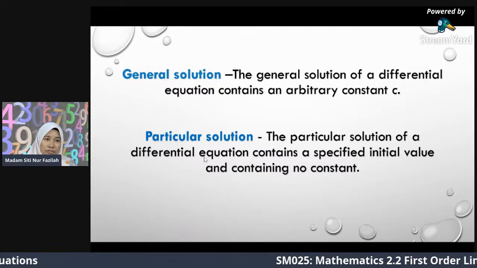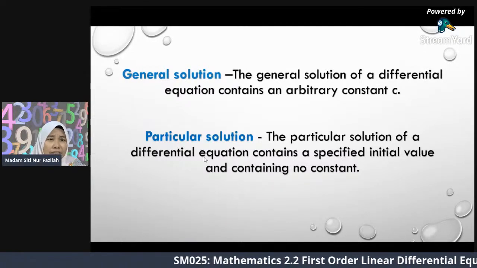When solving by using an integrating factor, you also have two solutions.